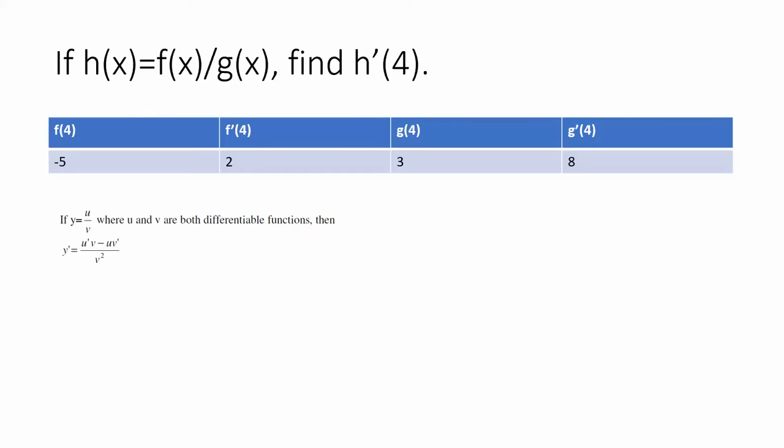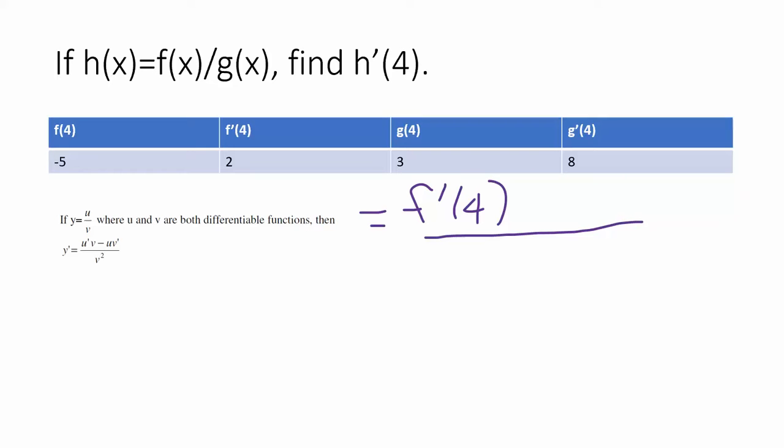So again, let's put this in the context of f of x and g of x. The derivative of the top, well, the top was f of x, so the derivative of that would be f prime, and we're doing this at 4.